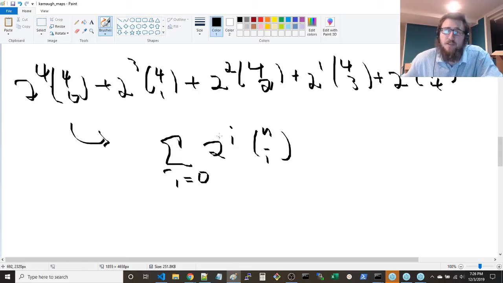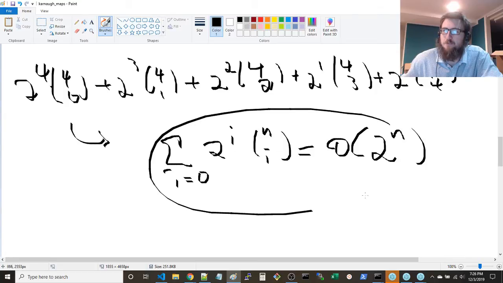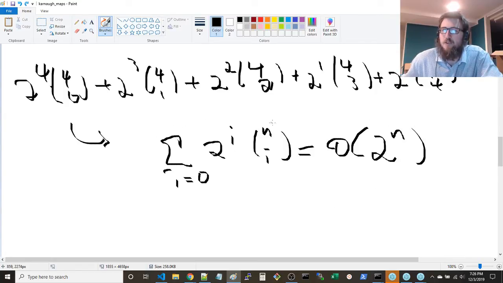This is basically dominated by something that's exponential. It could even be super exponential, because this is exponential as well.